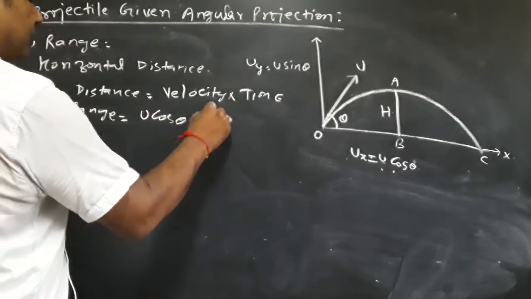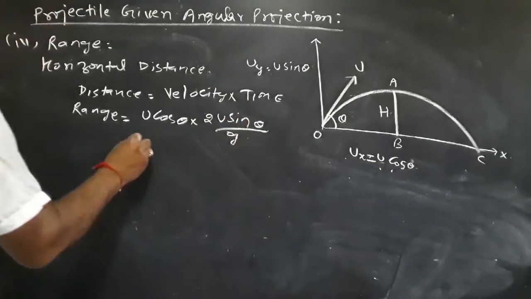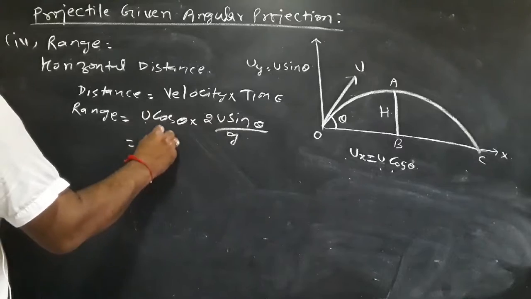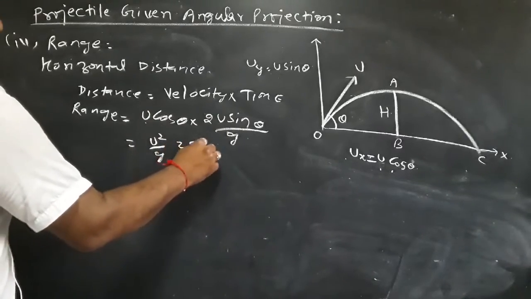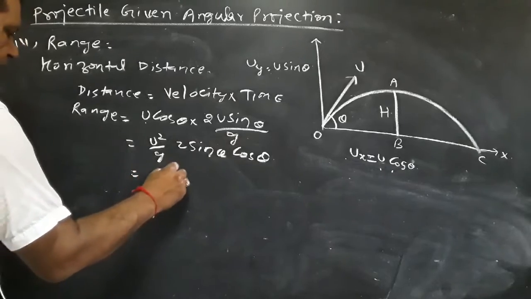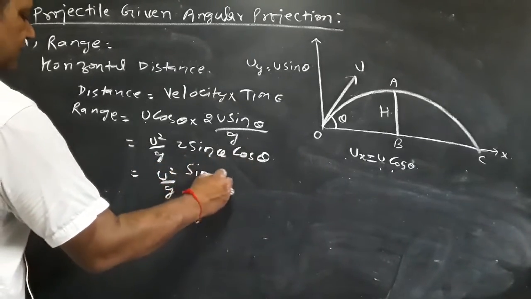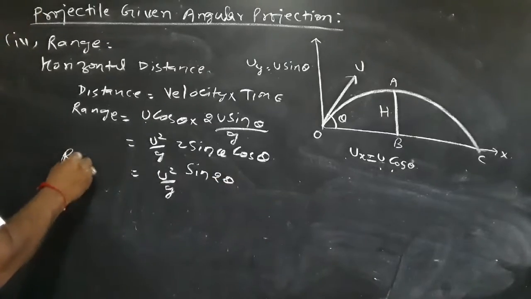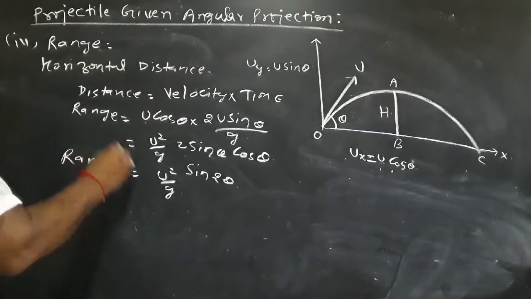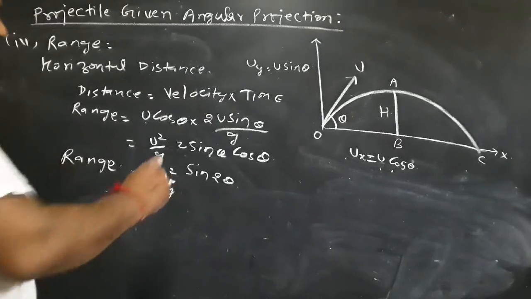Total time is 2u sin theta by g. So u into u by g, 2 sin theta cos theta, that is u square upon g into 2 sin theta cos theta. This is sin 2 theta. So for the horizontal range, R is equal to u square by g into sin 2 theta.